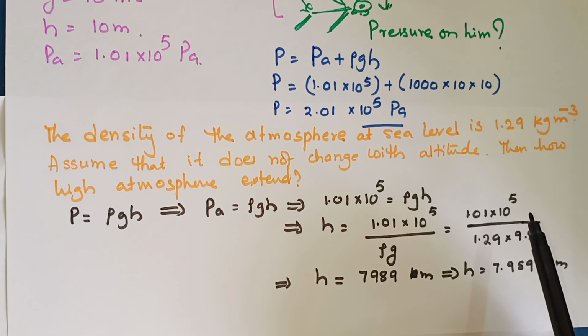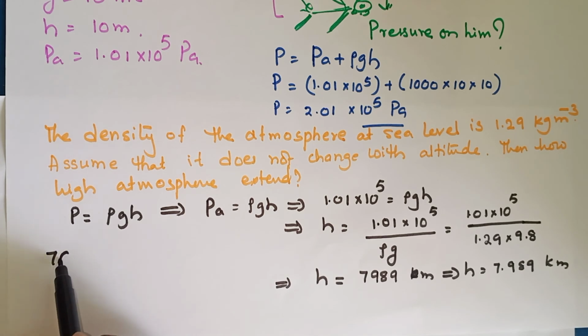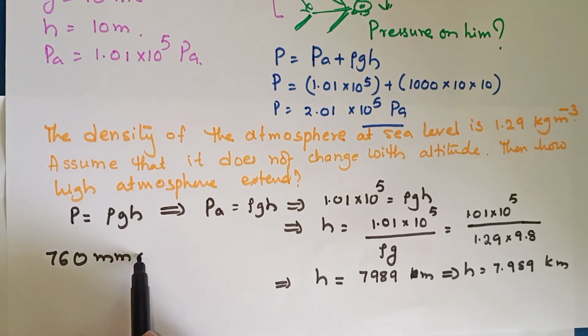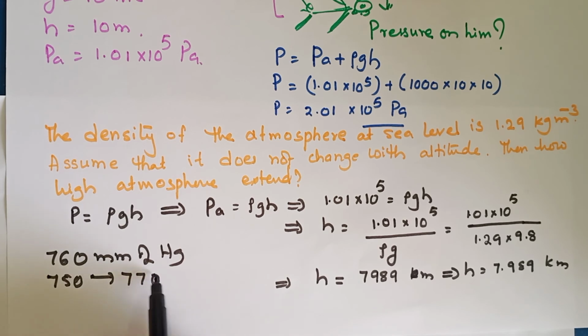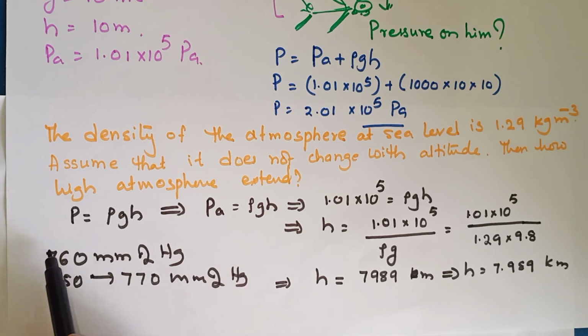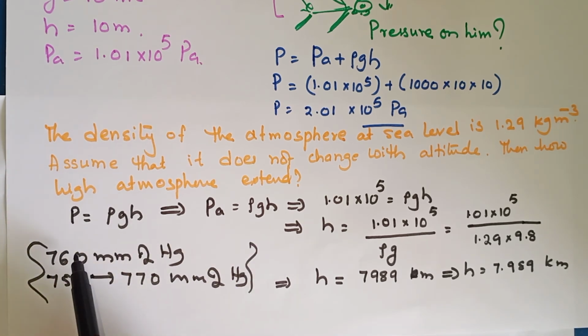Generally, we see that the pressure at sea level is 760 mm of Hg, mercury level, but it may vary to 750 or 770 mm of Hg, because the variation of density also plays an important role in atmospheric pressure, right?